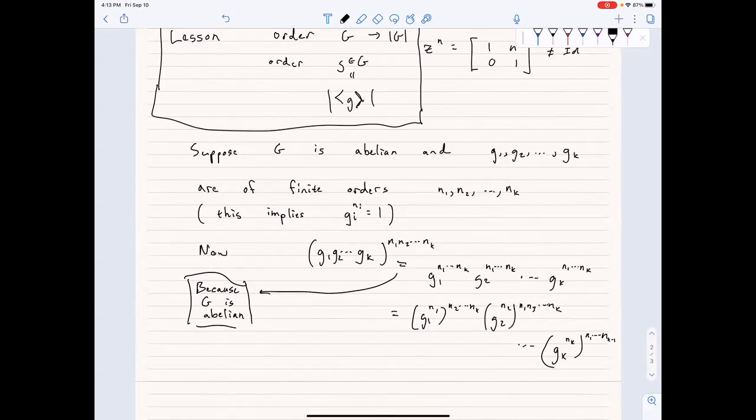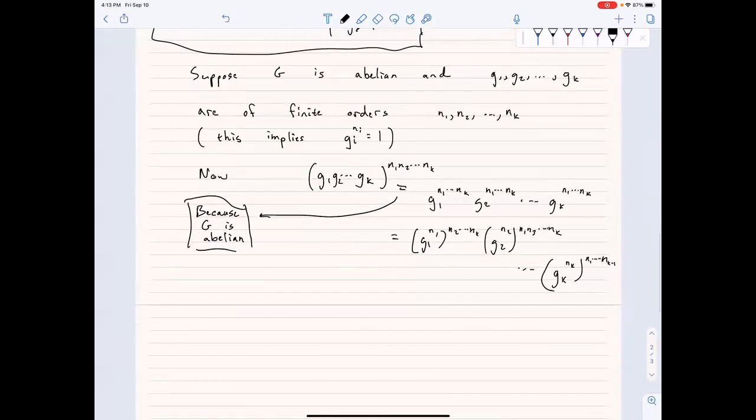I'm just spelling it out. Yep, it does. The whole point is that because we know these are the orders of each of these respective elements, each of these is the identity to some power, which of course is the identity. So this is just 1 times 1, which is 1. So when you have an abelian group, life is good.